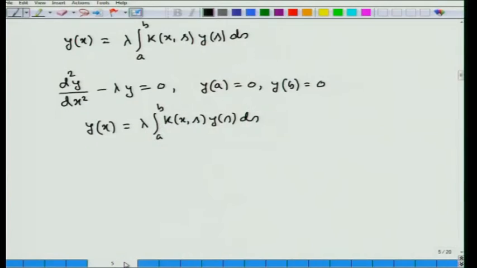This is an important point to note: linear homogeneous ordinary differential equations with separated boundary conditions can be converted into a Fredholm integral equation of the second kind, which is again a homogeneous linear Fredholm integral equation.